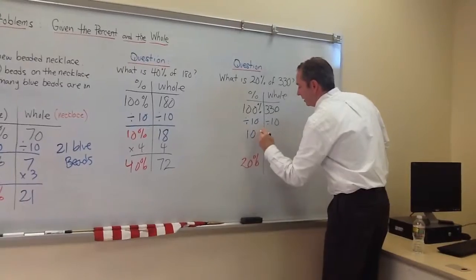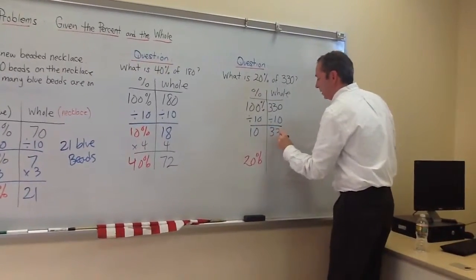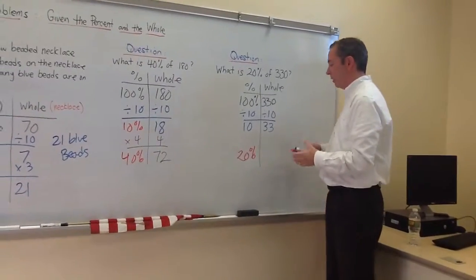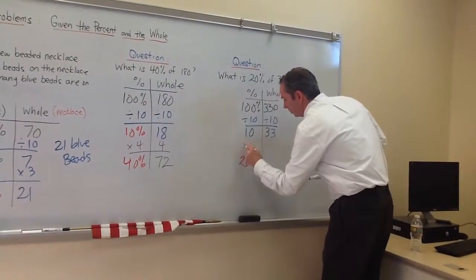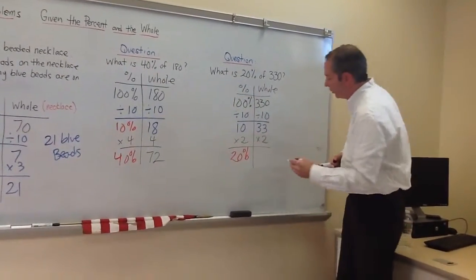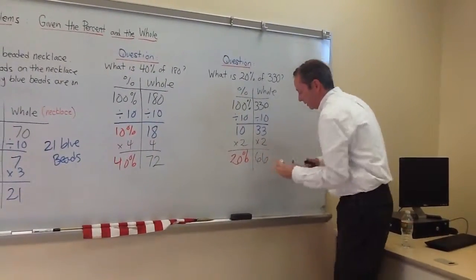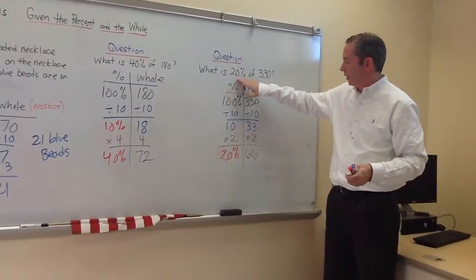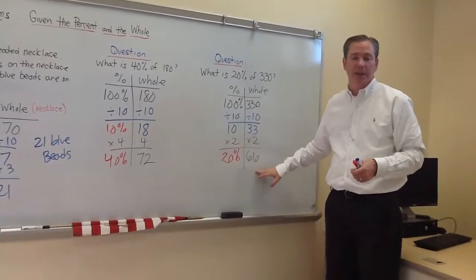So 10% is 33. Now a very simple jump from 10 to 20. Just multiplying both sides by 2, and we find that 20% of 330 is 66. So we started with 330, and we found 20% of that by using our table is 66.